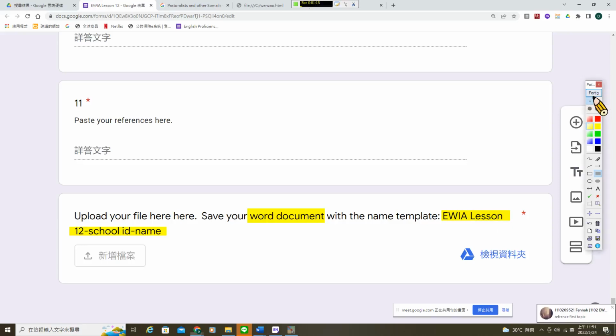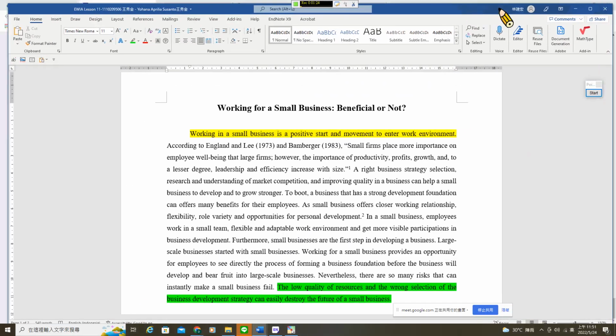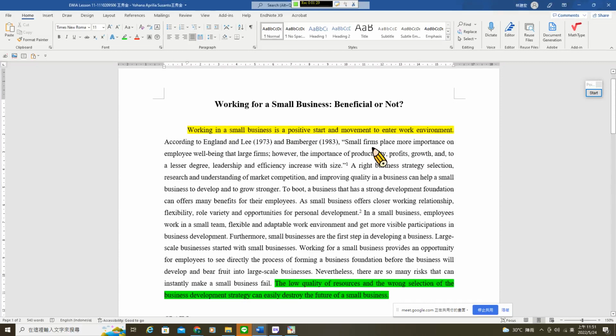Okay, before I let you go, I want to use one of the students' essay submissions for the last assignment to give you some feedback. This one has been decently well prepared, but there are still a lot of problems. I want to give you a general idea how to improve your writing.